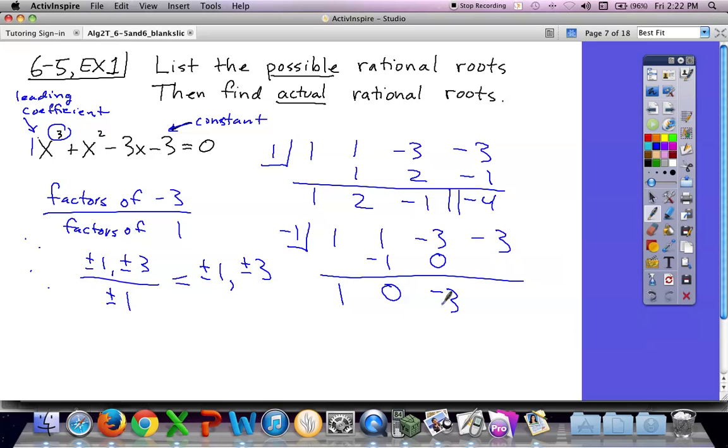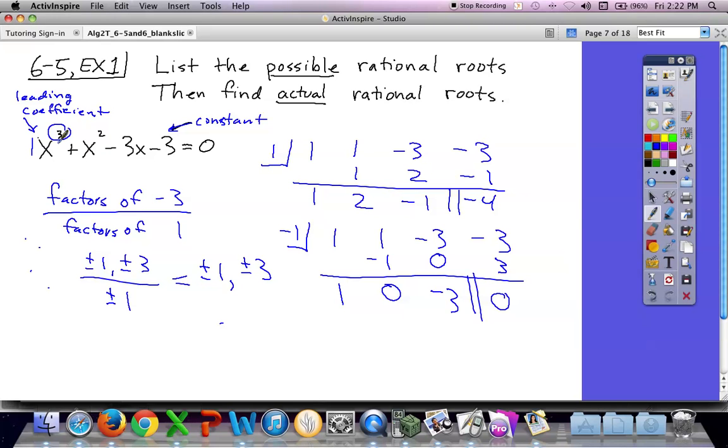Negative 1 times negative 3 is 3, add, remainder is 0, so that tells us negative 1 is a rational 0. Okay. Now, what do these numbers represent? The 1, 0, negative 3. Right. They're the coefficients of a polynomial one less power than we started with, right?